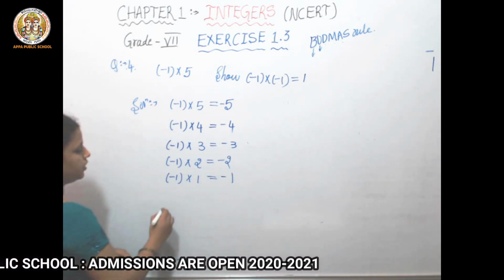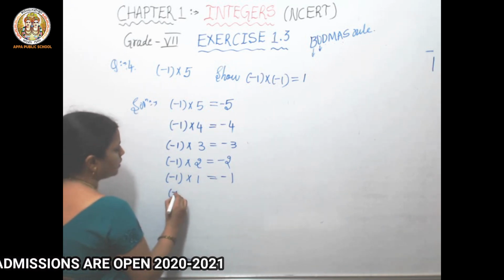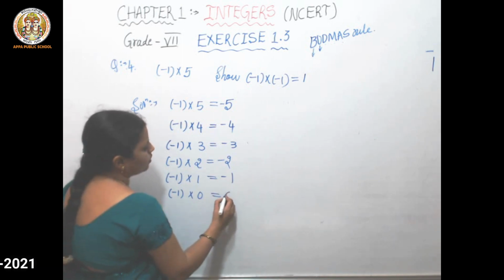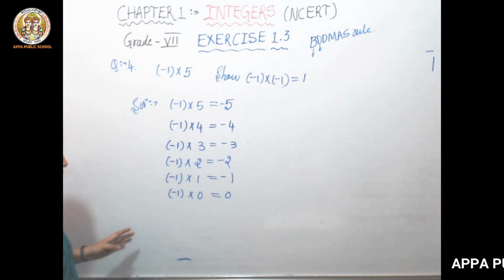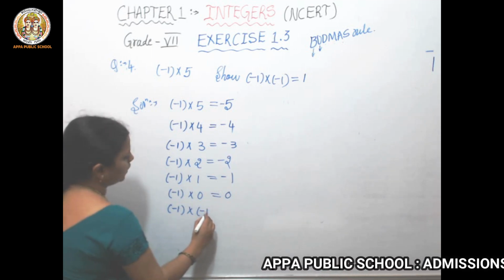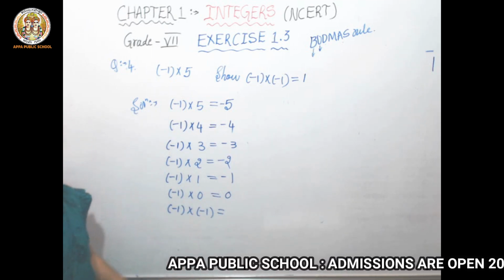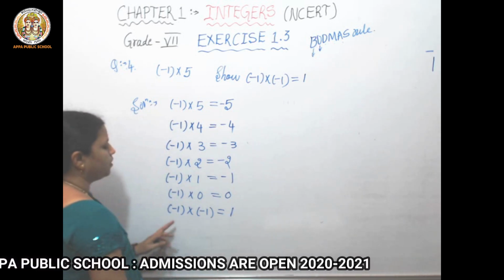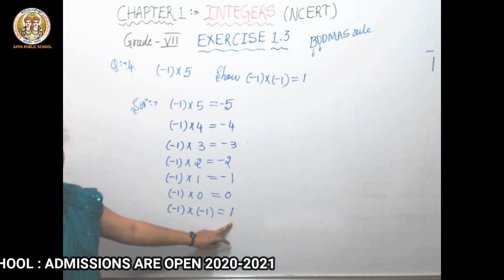After 1 it is 0. Is it? Minus 1 into 0 as it is 0. The next one is minus 1 into minus 1. Minus into minus, it is plus. So here we got minus into minus as a plus 1.